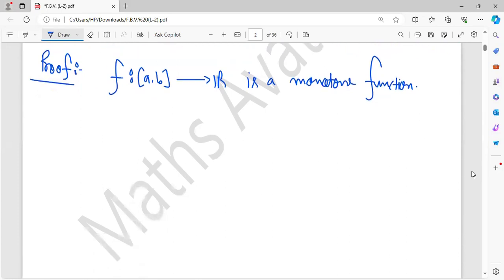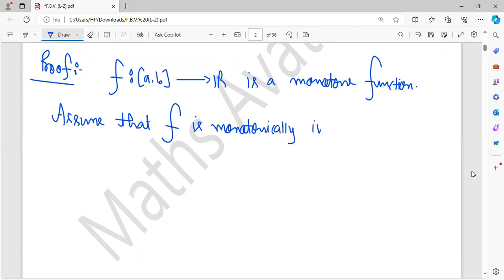So assume that f is monotonically increasing.